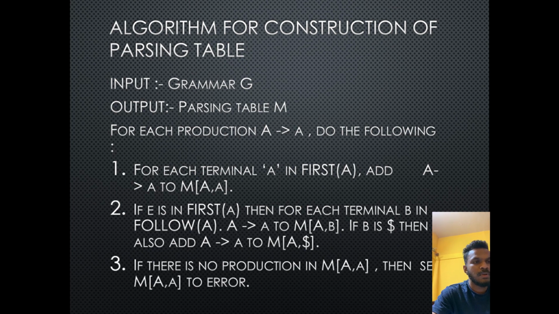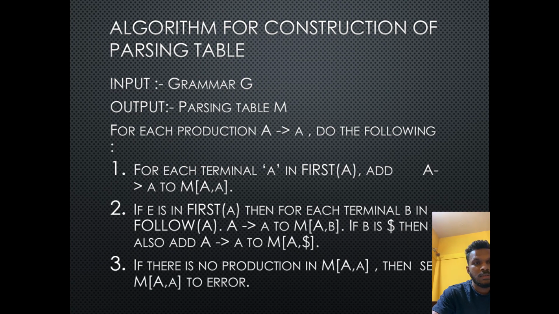The first step is the critical step: for each terminal a in FIRST(α), add A → α to M[A, a]. If ε is in FIRST(α), then for each terminal b in FOLLOW(A), add A → α to M[A, b].